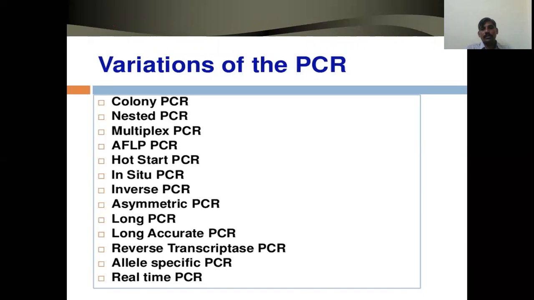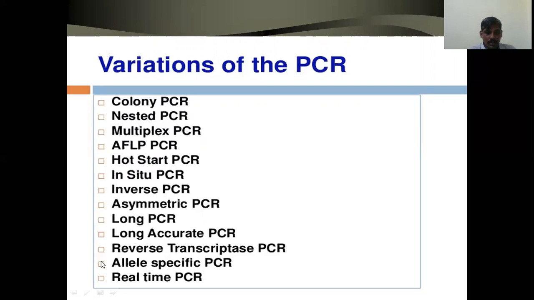Not only this, chronologically, the simple PCR technique developed into many types with variations. Different types of PCRs are applied in different biochemical research processes: colony PCR, nested PCR, multiplex PCR, AFLP PCR, hot start PCR, in situ PCR, inverse PCR, asymmetric PCR, long PCR, long accurate PCR.